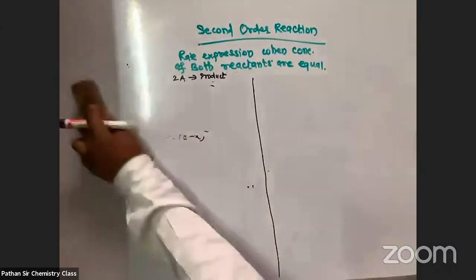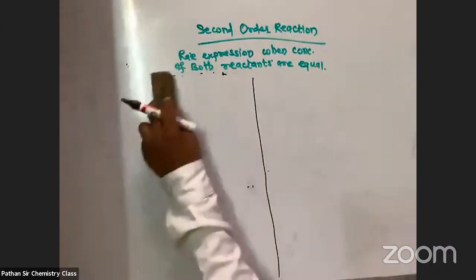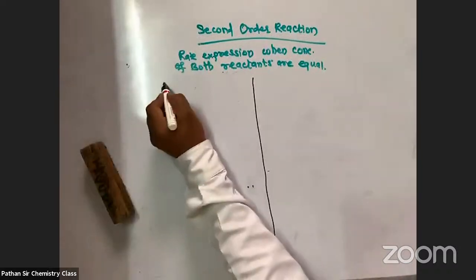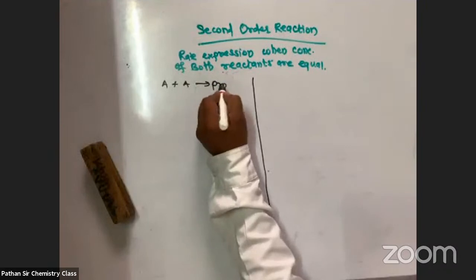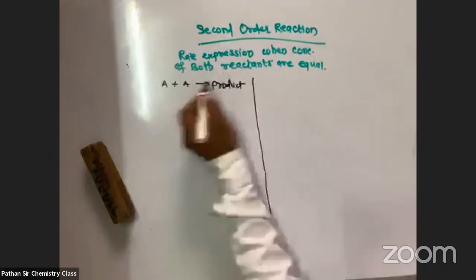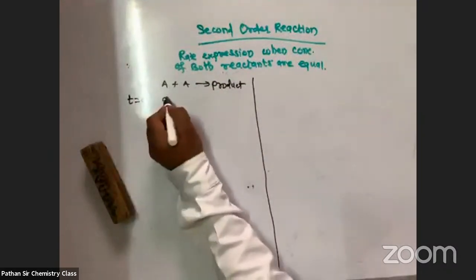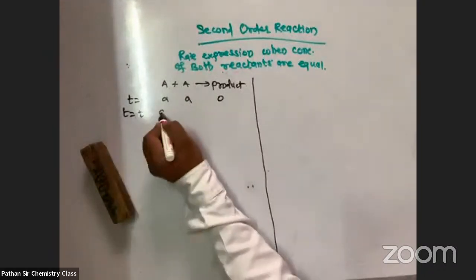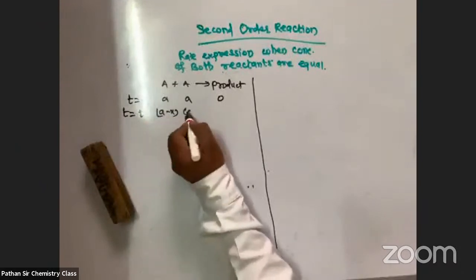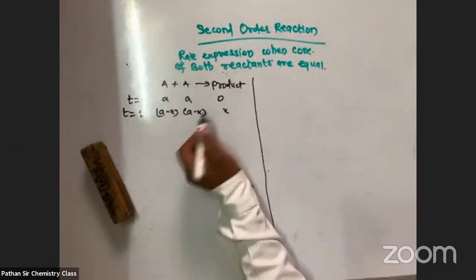किंवा तुम्ही जर say a plus a gives product. ठीक आहे. Then at t is equals to 0, it is 0, and at some time t, the remaining concentration is a minus x, this is a minus x, this is x.